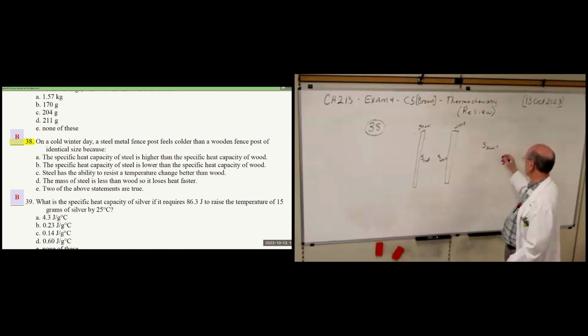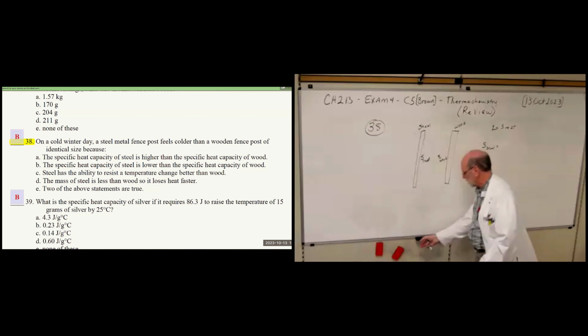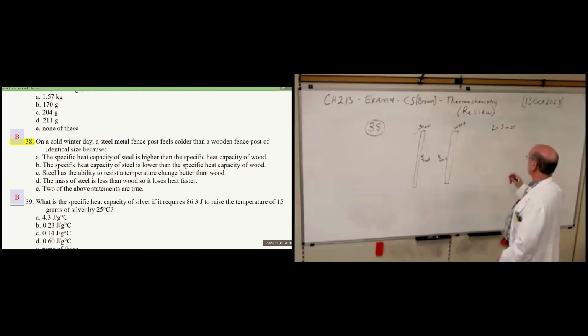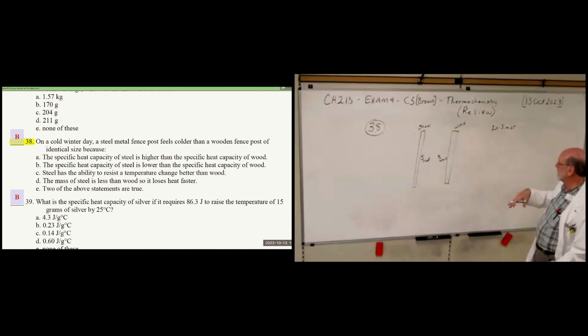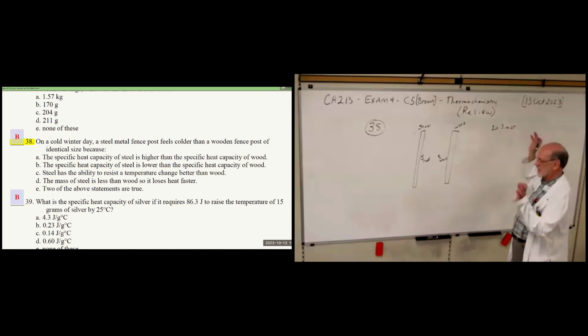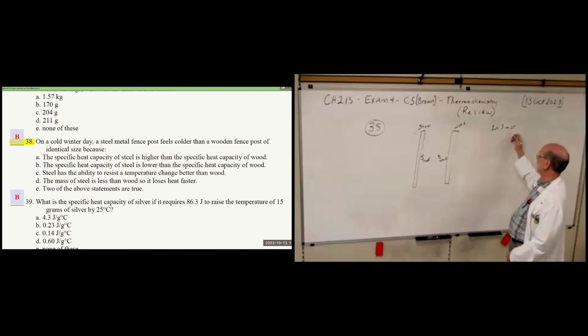We do Q equals S m delta T, and we solve for this one. Actually, let's not solve for just that one. Just occurred to me, what's constant in this whole thing? Well, we have to assume that the mass is the same. Otherwise, it's kind of a wasted effort.